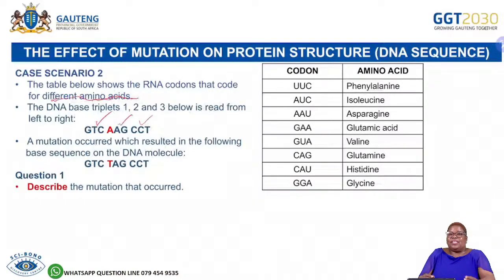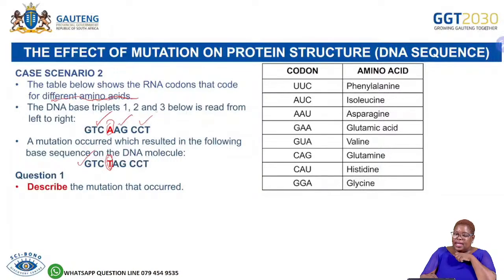So mutation takes place. Then let's observe after mutation has taken place, what happens. So we are told that on the first codon, we've got GTC, right? After mutation has taken place, what do we have? We have GTC. Good, they are the same, isn't it? Then on the second codon, we've got AAG, that is the original base sequence. But then on the second, after mutation has taken place, what do we have? A is replaced by T. Can you see that? A is replaced by T. Now you go to the third triplet.